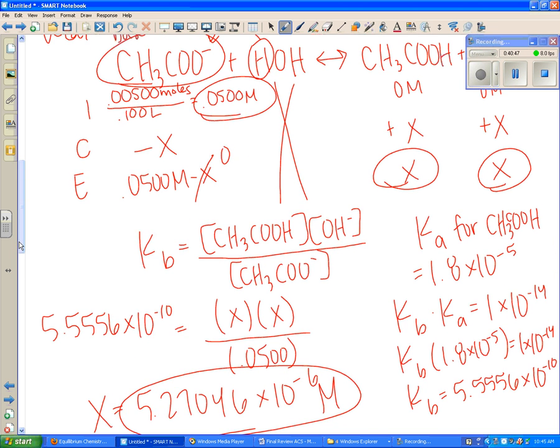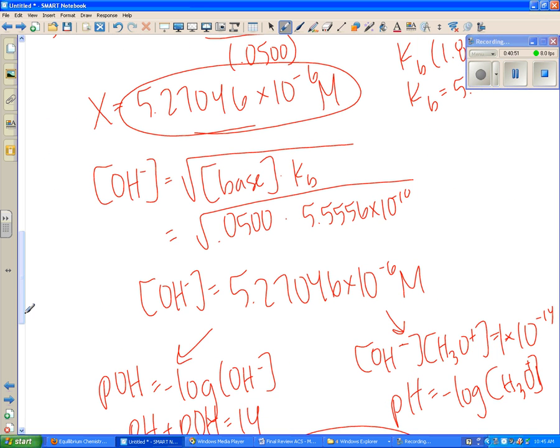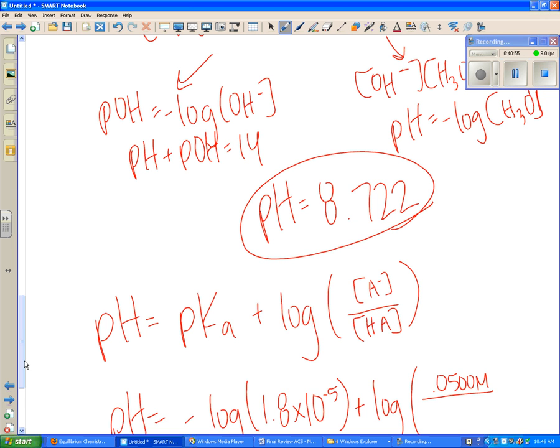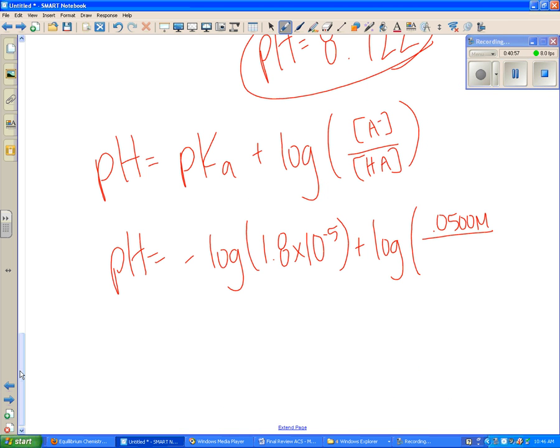X is equal to the hydroxide ion concentration, though, so you would only have to plug in here to calculate that. So down here we put 5.2704, whatever that is, times 10 to the negative 6 molar. What is that answer? Type that in your calculator.